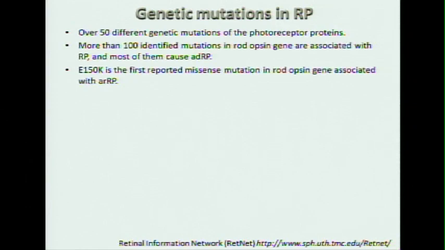Retinitis pigmentosa is a heterogeneous group of hereditary retinal disorders caused by over 50 different genetic mutations of photoreceptor proteins. Among them, more than 100 identified mutations in the rod opsin gene have been reported to associate with retinitis pigmentosa, and most of them cause the autosomal dominant form of this disease.